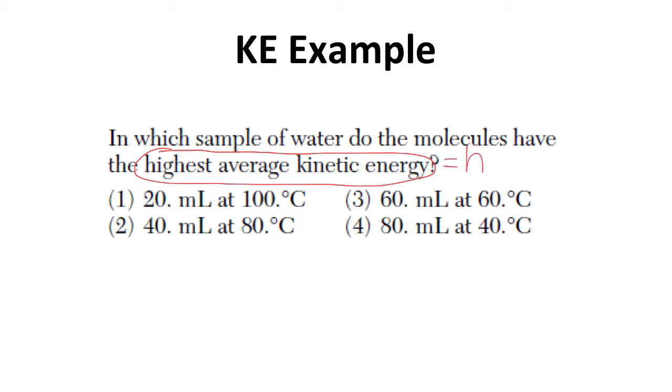And that would be whichever one has the highest temperature. So that is going to be choice one. We don't really care about the milliliters. We are just looking at the temperature. Highest temperature means highest average kinetic energy.